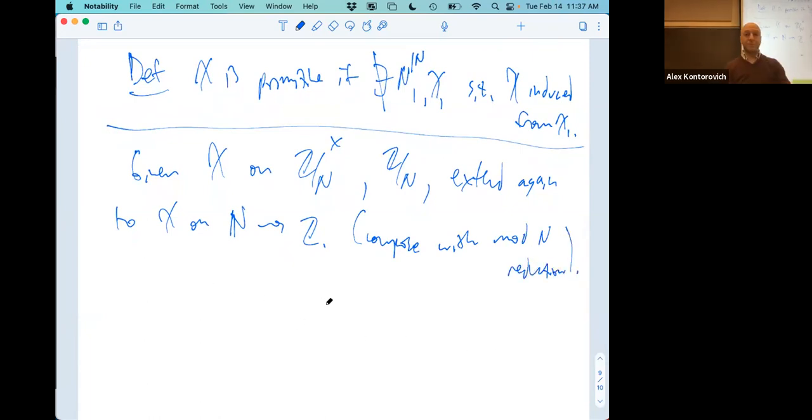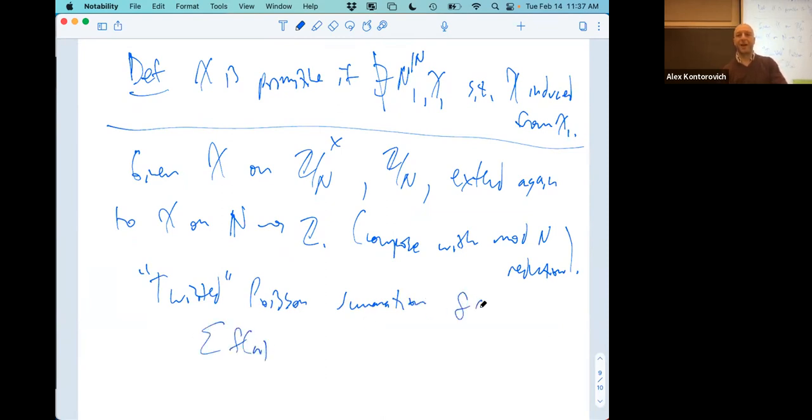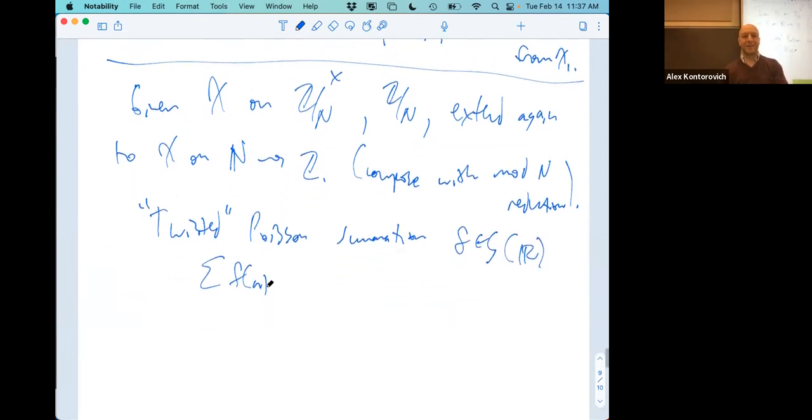And once you do that, you have access to something called a twisted Poisson summation formula. Poisson summation is a sum over, if you have a nice Schwartz function f in Schwartz of the reals, you can take a sum over the integers of f of n, chi of n. And what's on the other side is the subject of the twisted Poisson summation formula.